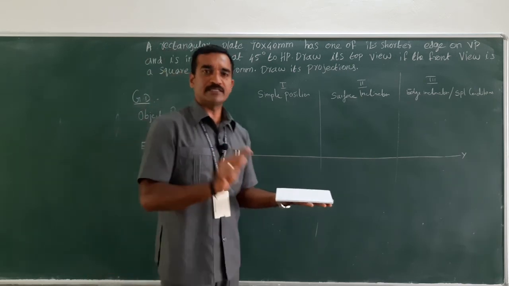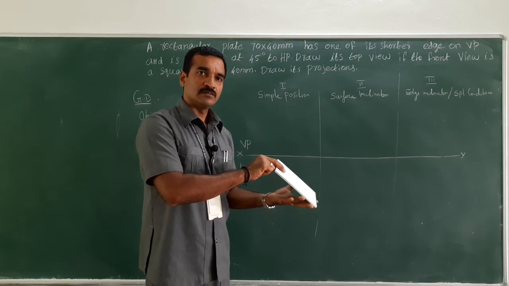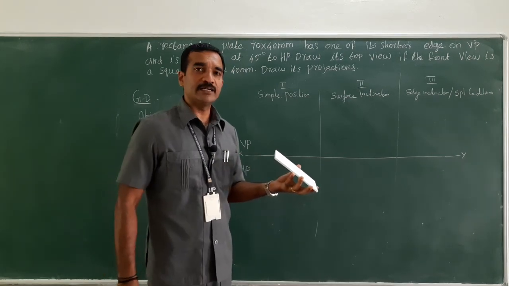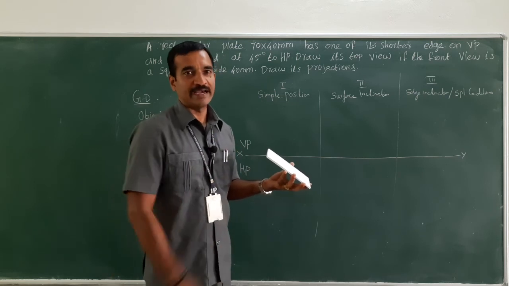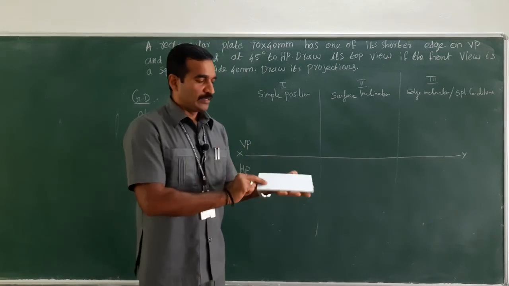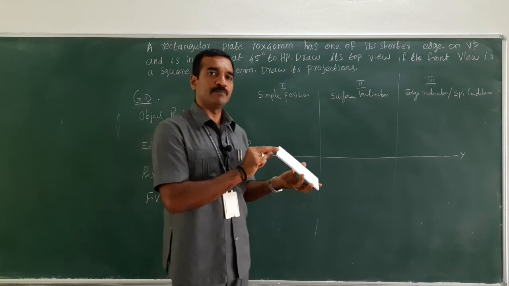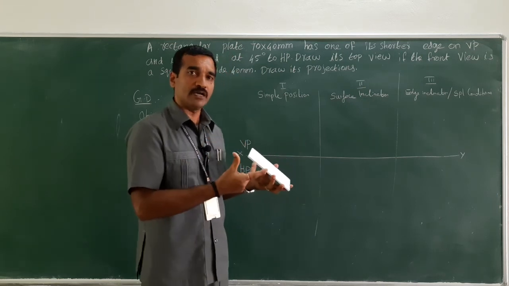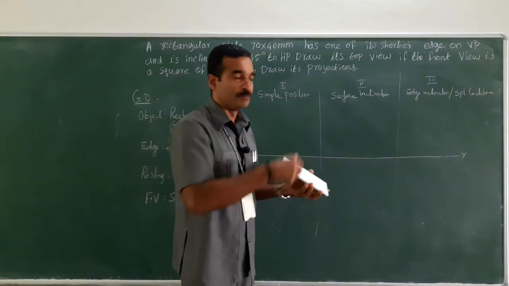If the object is resting on HP, if I tilt it, you will see the skew shape, that is the top view on the HP. It is a rectangle. When it is tilted, you could see a skew shape of rectangle or square if you look from the top.